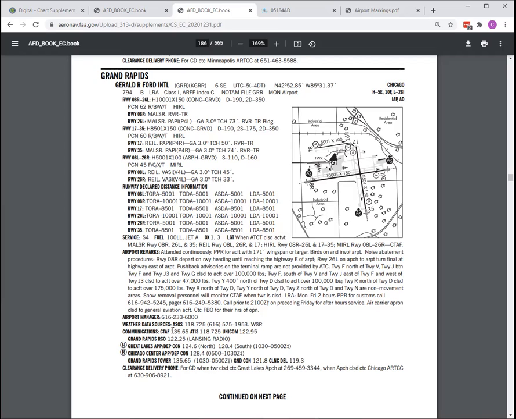The CTAF, when the airport tower is closed, will be on 135.65. The ATIS, which is weather information, will be on 118.725, which is the same number as the ASOS. And then the Unicom frequency, which is used to communicate with the FBOs, is on 122.95.